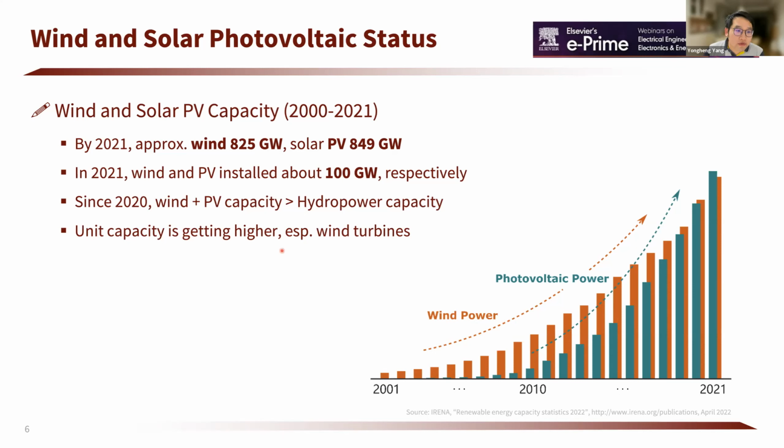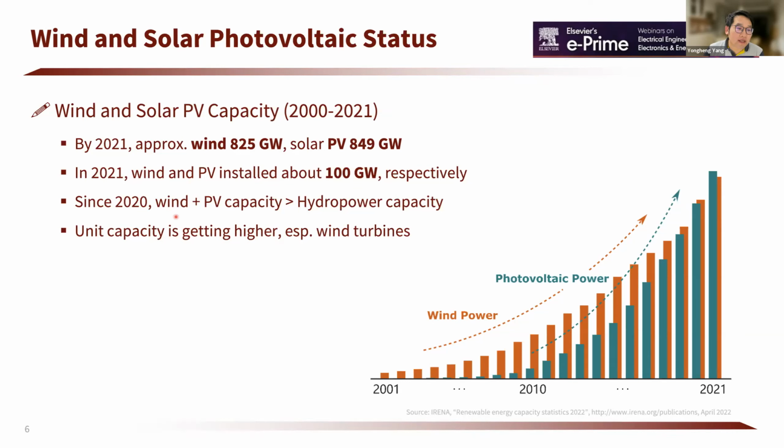And some numbers: by 2021, the total global installed wind is around 800 gigawatts, and for solar, that's around 850 gigawatts. And in the single year of 2021, wind and PV were each installed at almost about 100 gigawatts.